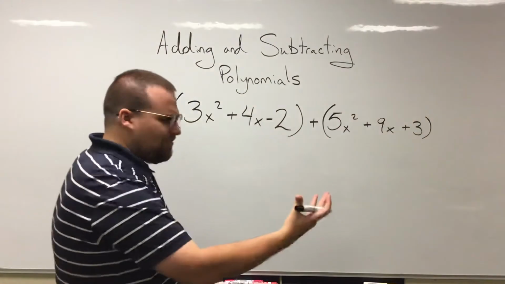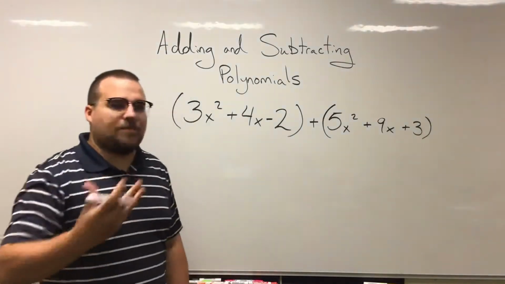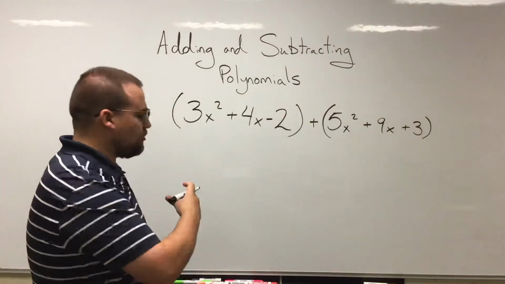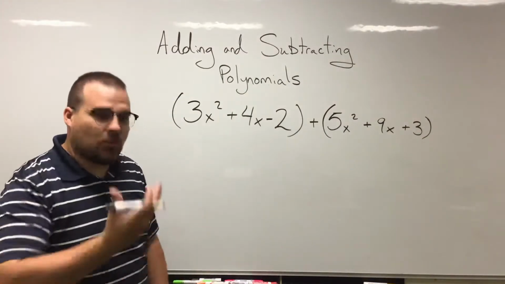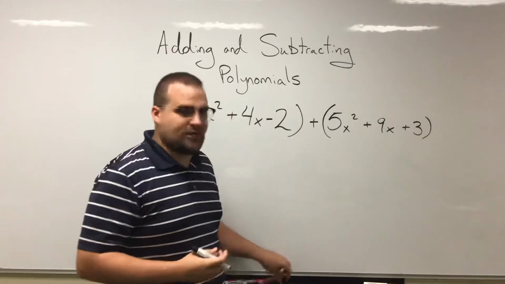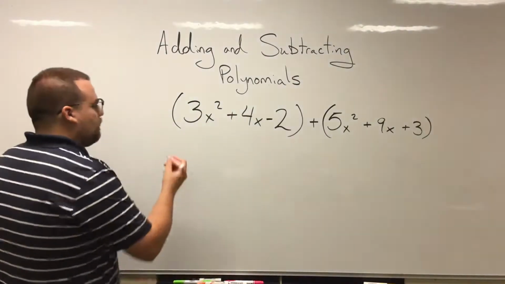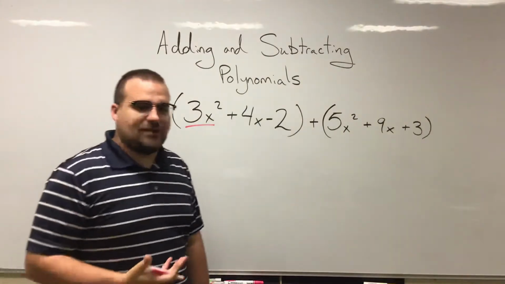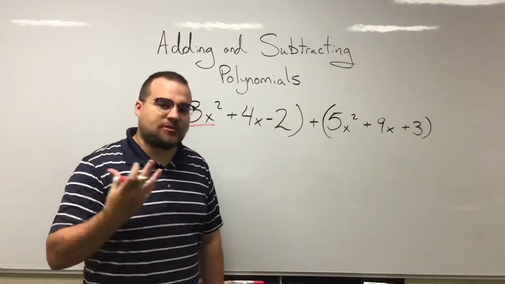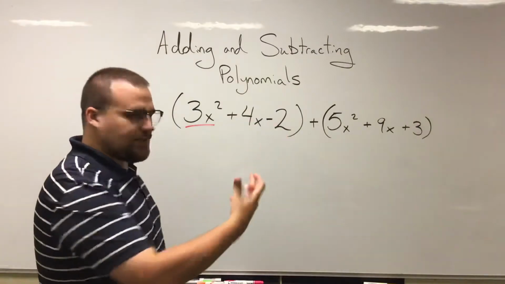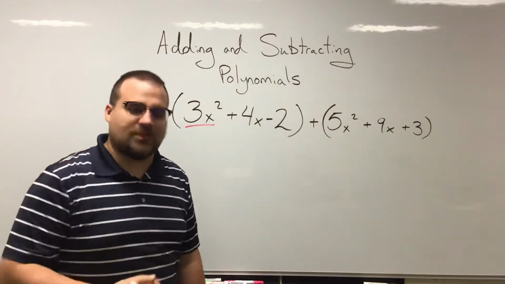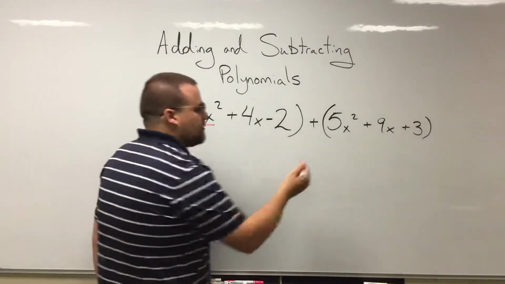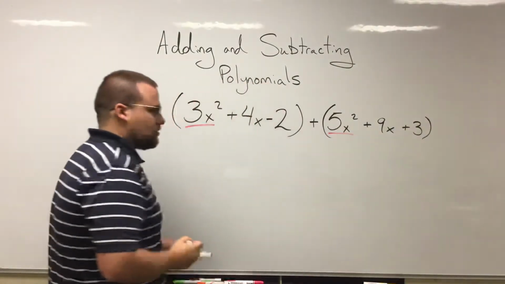So this is probably going to remind you a lot of combining like terms. We want to identify our terms that look the same or have the same variable configuration. So if we see that we have a 3x squared here, then we want to identify, are there any other x squared terms in these expressions that it can combine with. And we notice that right here we have a 5x squared.